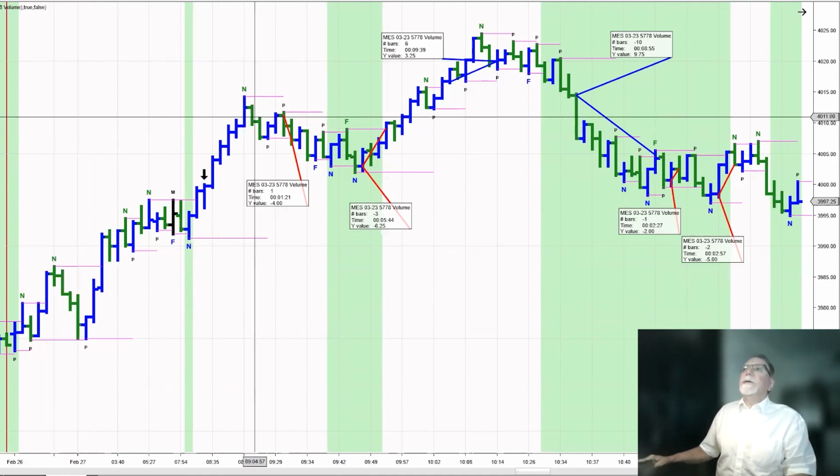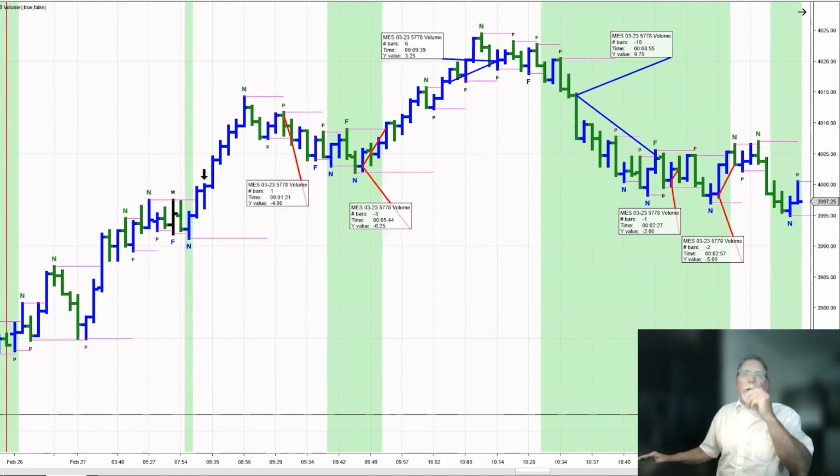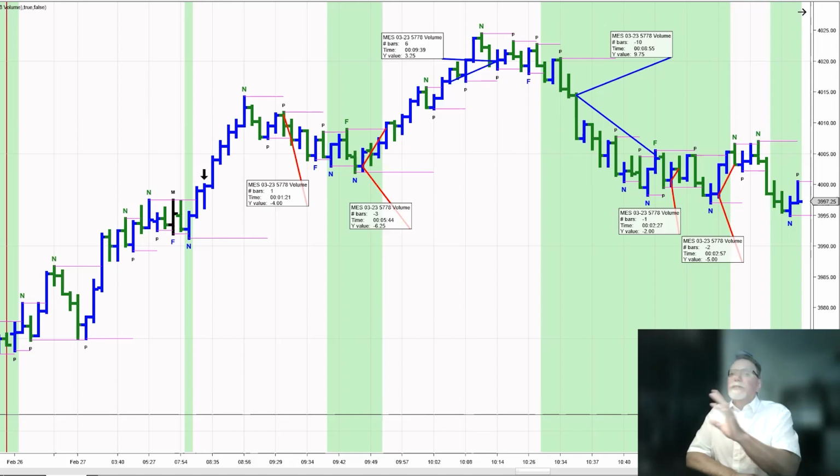So as you can see, with all this information on the chart, there are no indicators. You see labels, you see background color changes, you see bars themselves are different colors, but there is no indicator per se on this chart.